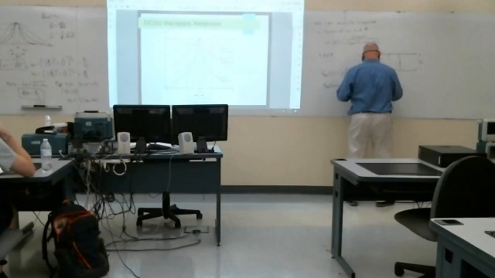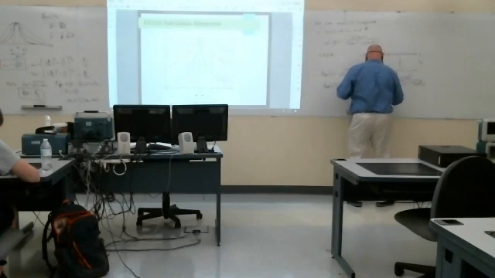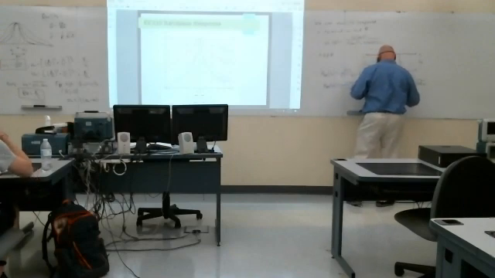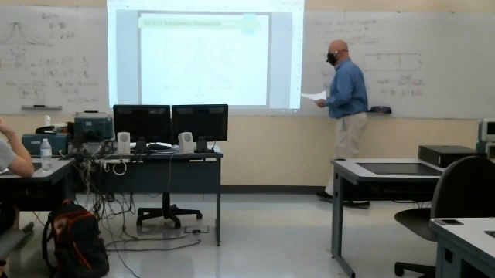And you can rewrite this in terms of omega 0 and Q as (S over omega 0) squared over (S over omega 0) squared plus (S over omega 0)/Q plus 1, where omega 0 is still 1 over the square root of LC, and Q is 1 over R times the square root of L over C as before.